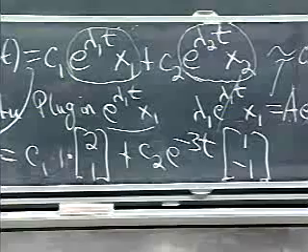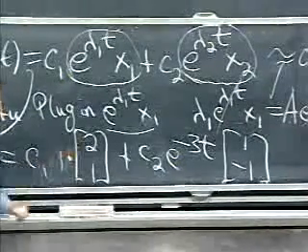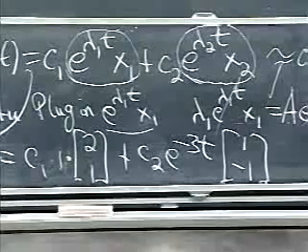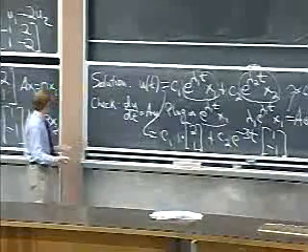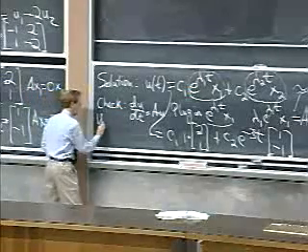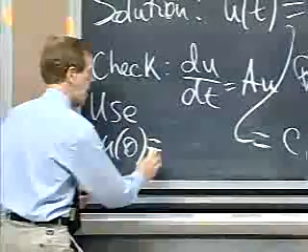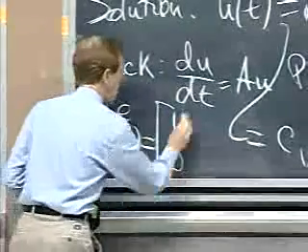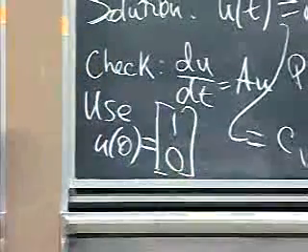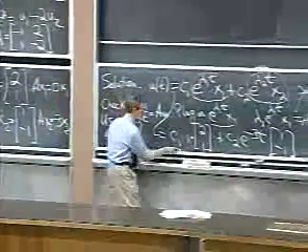So everything I've done is immediate as soon as you know the eigenvalues and eigenvectors. So how do we get C1 and C2? That has to come from the initial condition. So now I use u of 0 is given as 1, 0. So this is the initial condition that will find C1 and C2.